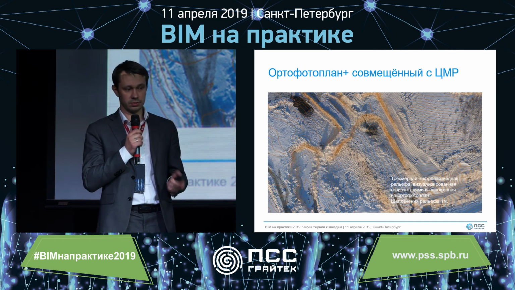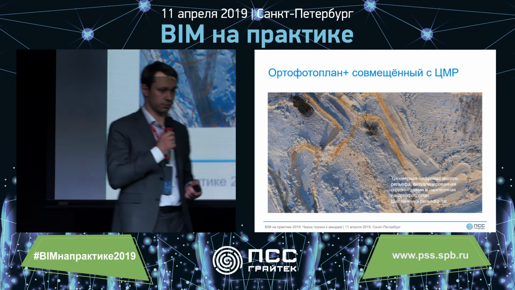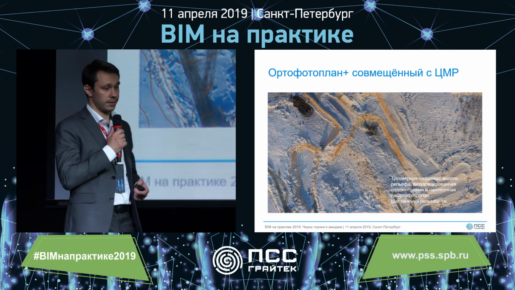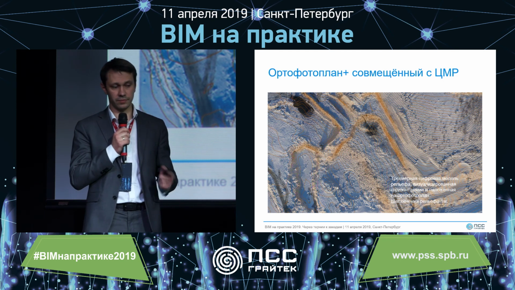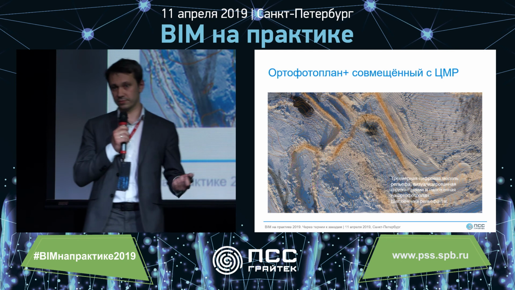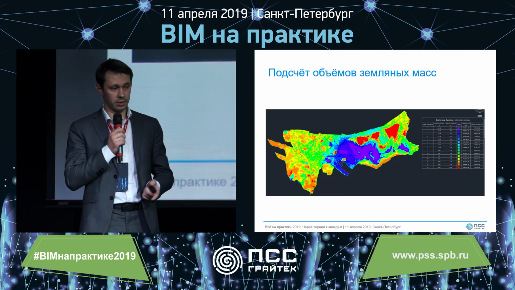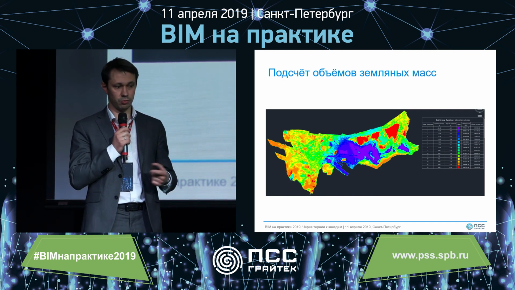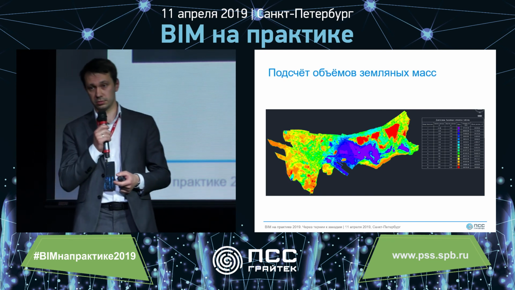Using these digital models, you can restore classical horizontal vectors and other information, which helps you to improve your design procedure and you get better understanding of the terrain. And then you can use these models to provide better estimations.